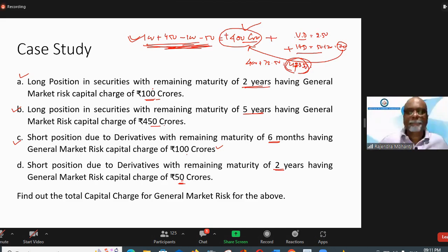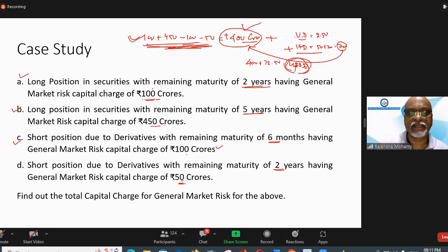Sir, one question. You are adding 100 plus 450. Sir, when you use the minus sign, I actually think about it. That is why it is told that the calculation of capital for market risk is done as the algebraic sum of general market risk.